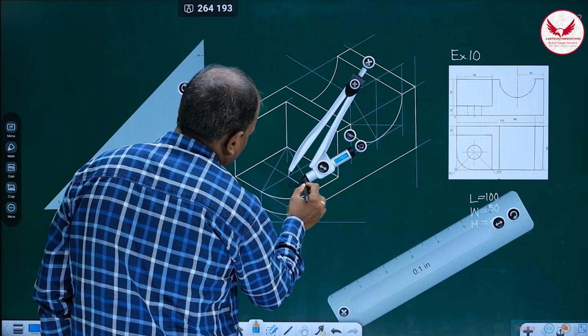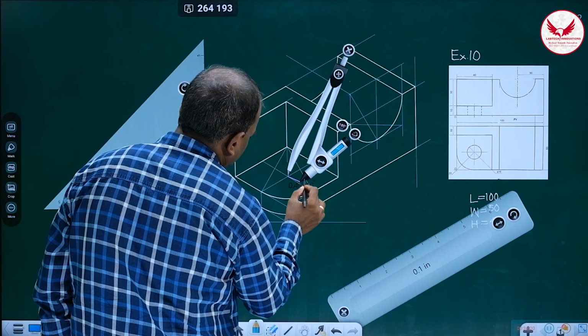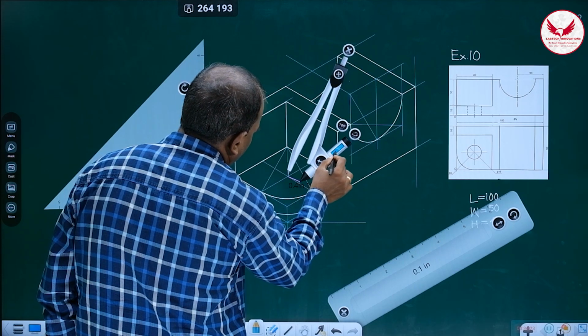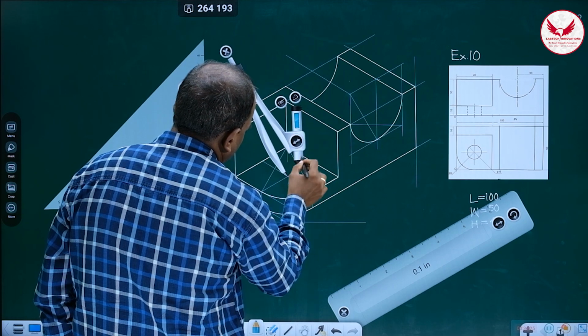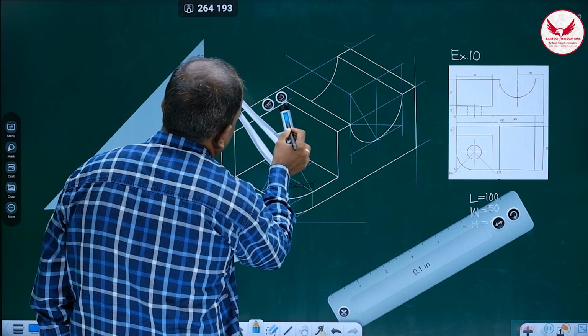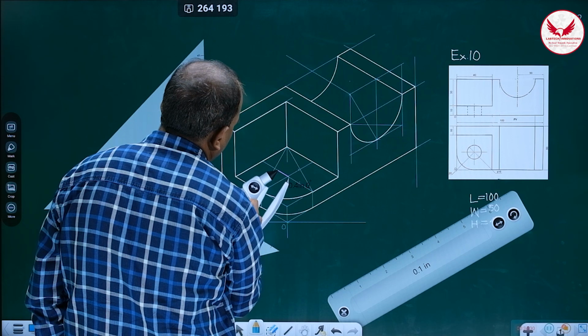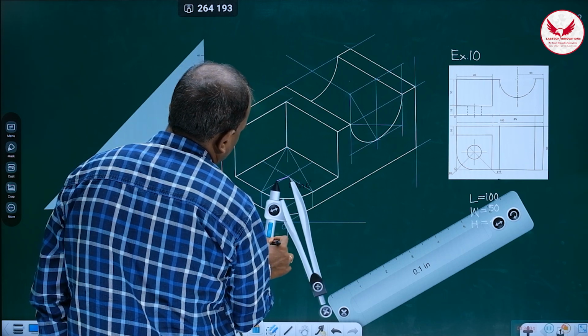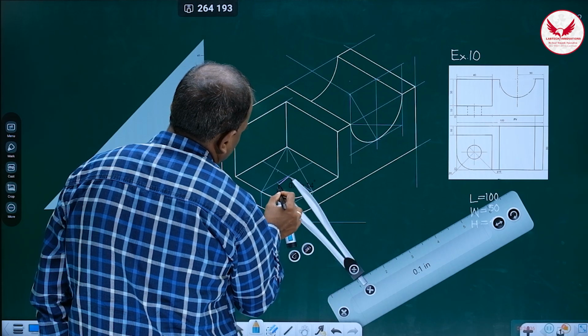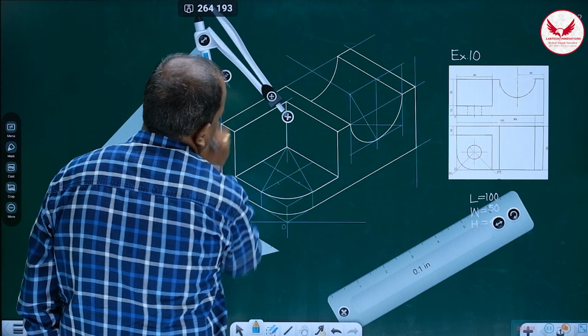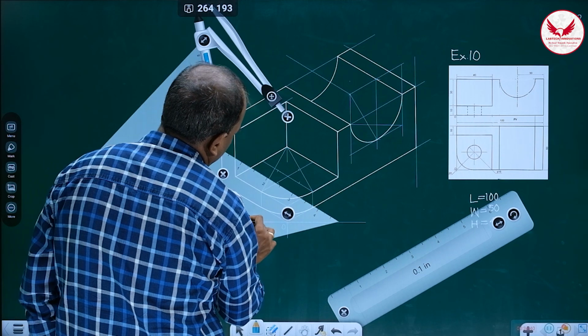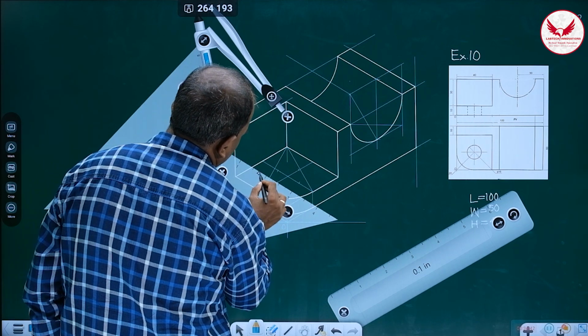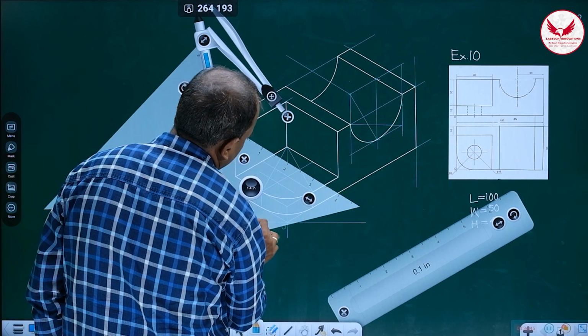And with radius 8, we have to mark the arc on this side. Then over here. Then again rotate it over here. Rotate it at this place. Then immediately from these points, draw the parallel lines.